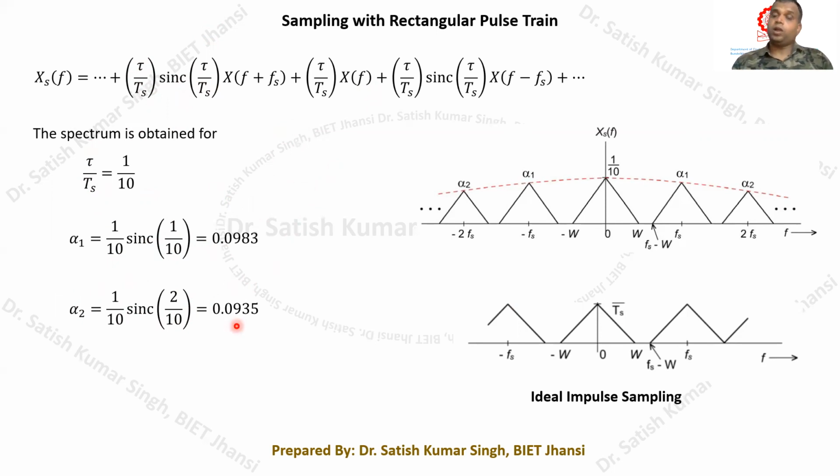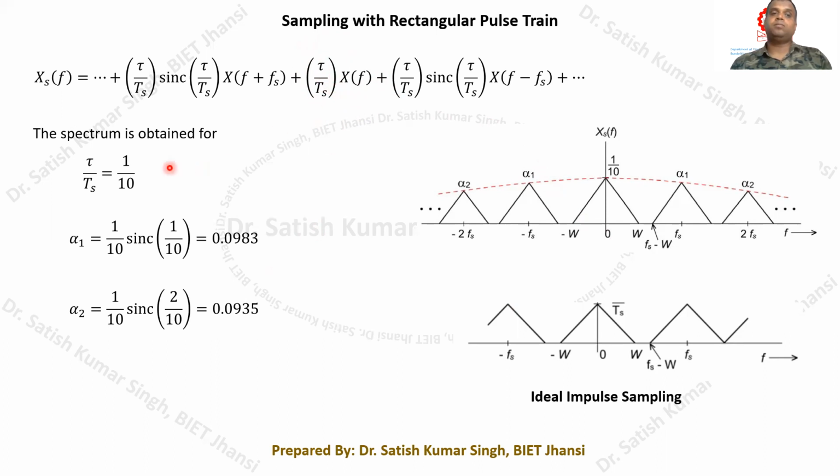So basically what we can see is in this middle portion, we are getting tau upon Ts X(f). If we have the message signal spectrum X(f), the same spectrum is there around f equals 0, but the magnitude is scaled by a factor of tau upon Ts.